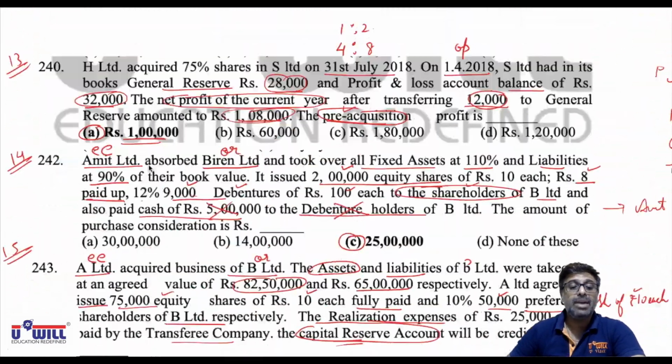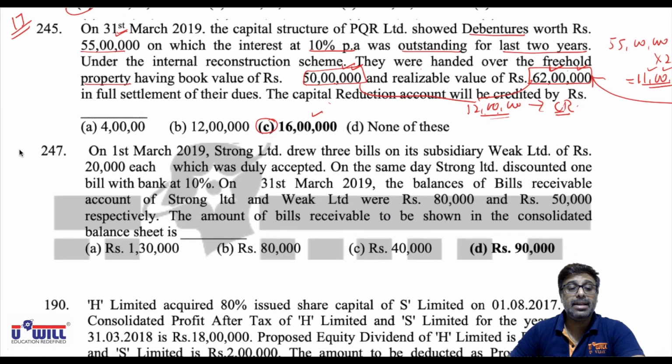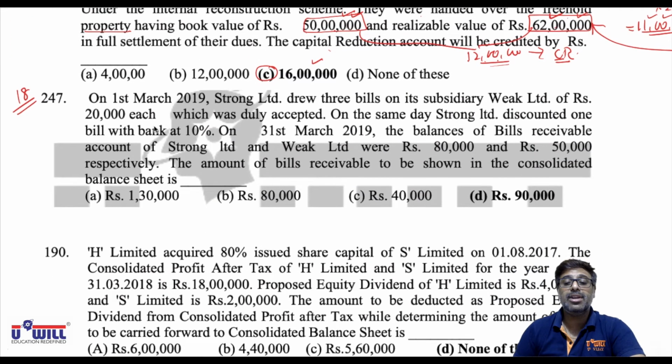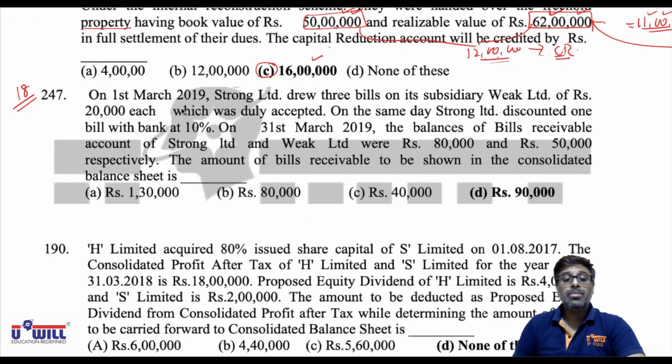I am doing this 247 on the screen, and then all the similar questions you will try on your own. On 1st March 2019, Strong Limited drew 3 bills on its subsidiary Weak Limited. Strong is the holding company, Weak is the subsidiary company, of rupees 20,000 each. 3 bills of 20,000 means total 60,000 of bills are drawn, which was duly accepted.